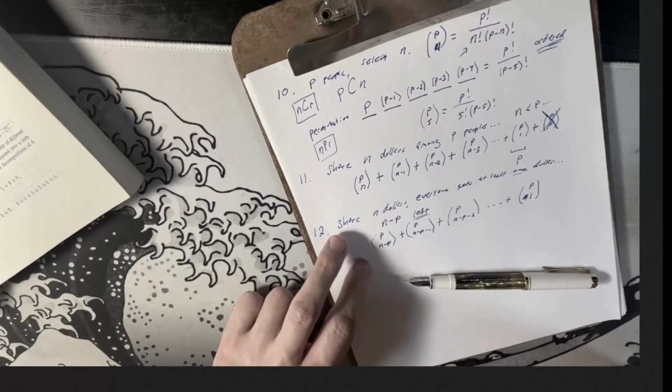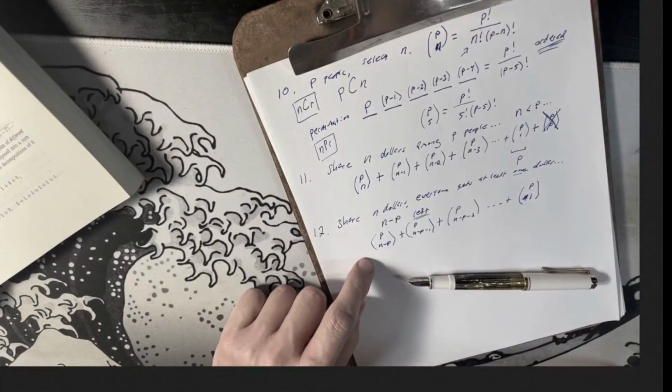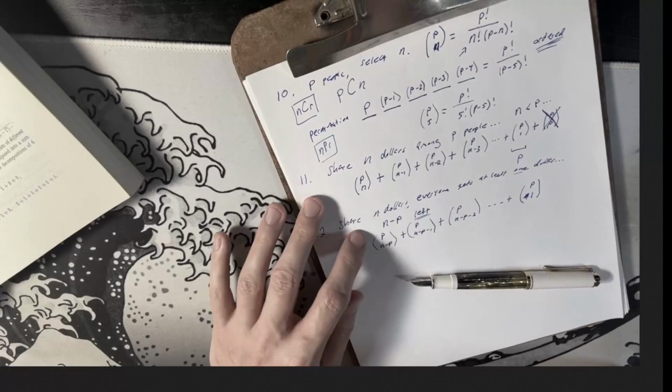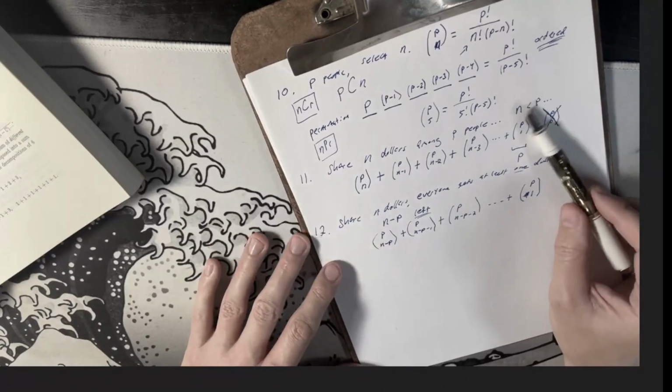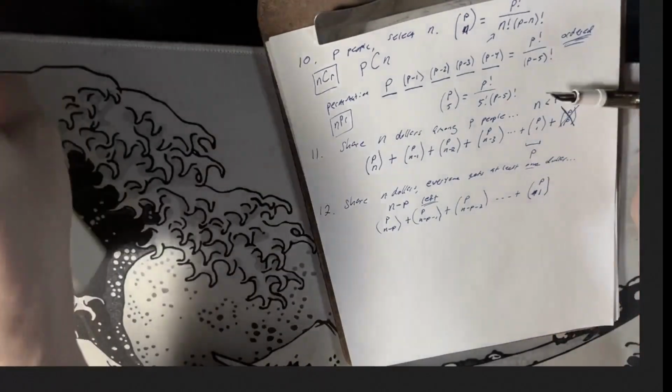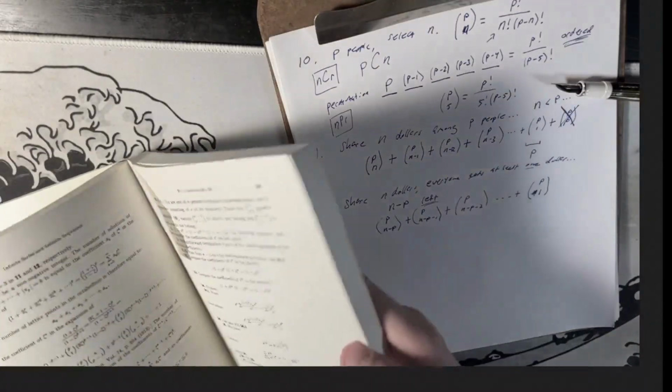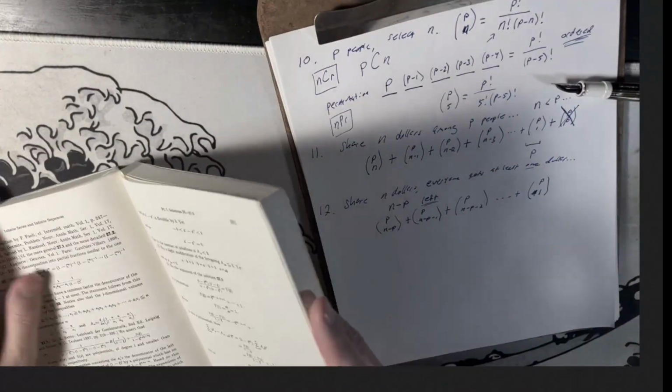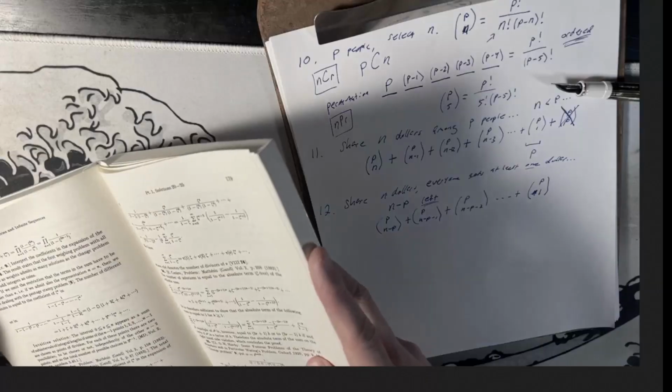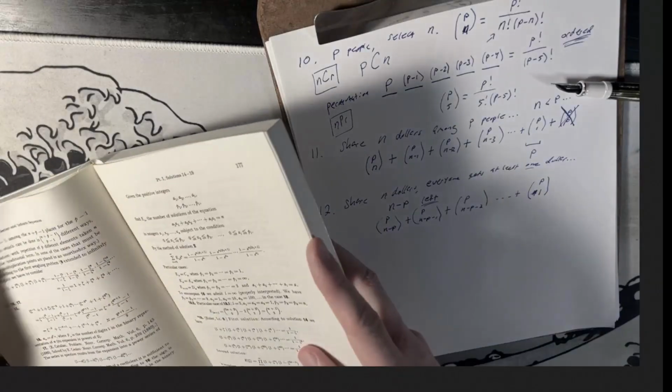All right, I better take a look. I'm feeling very weird about this because I also didn't consider if there's more dollars than people, and it just feels sloppy. What am I talking about?